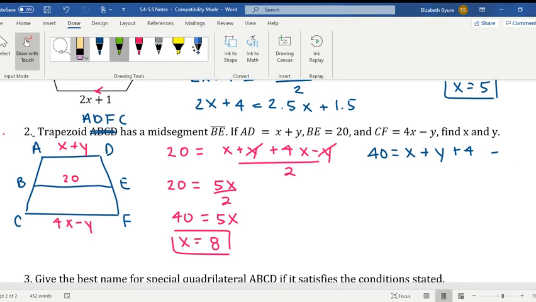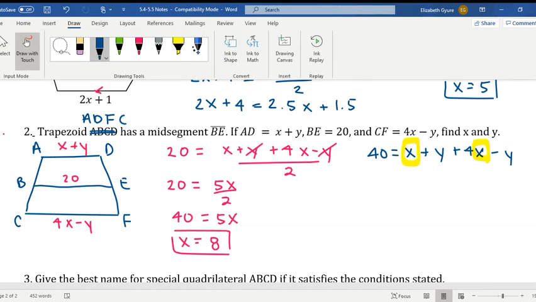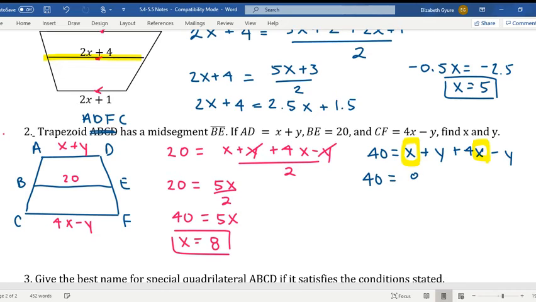You don't have to. This is more just so you guys can see what I'm doing. Okay. And I'm going to take this x and plug it in everywhere where I see x. So that's going to give me 40 equals 8 plus y plus 4 times 8, which is 32, minus y.